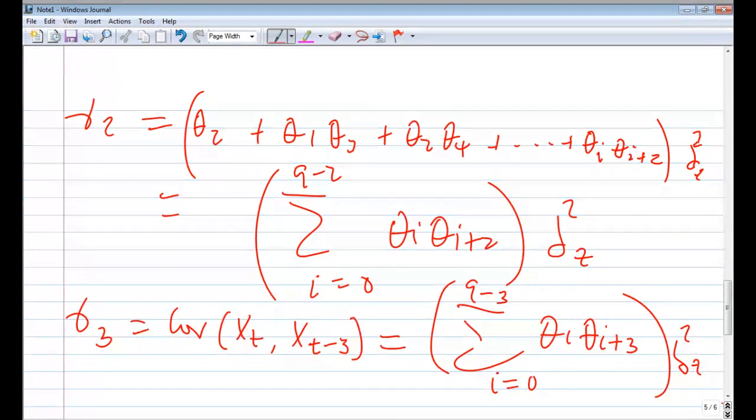You must use Q, sir. Let me tell you how I wrote it. My gamma 2 at the end is theta Q minus 2 theta Q, not theta i plus 2. It's confusing to use i both there and on the summation.